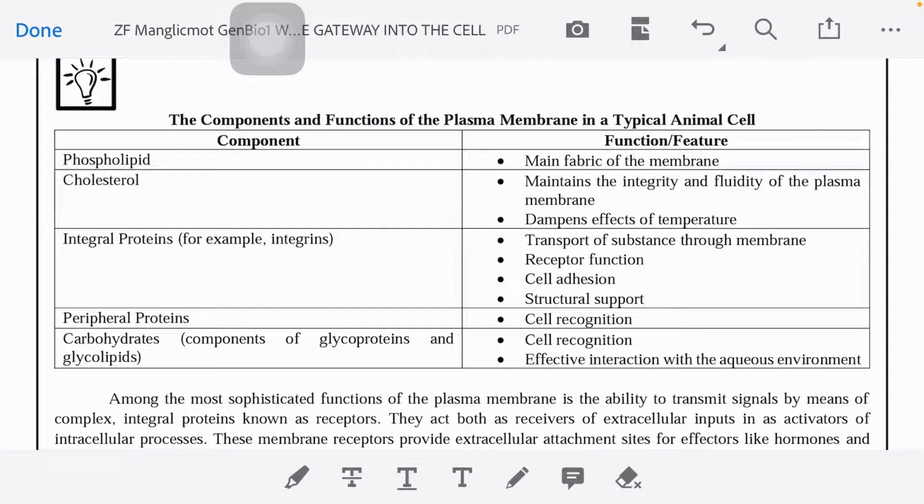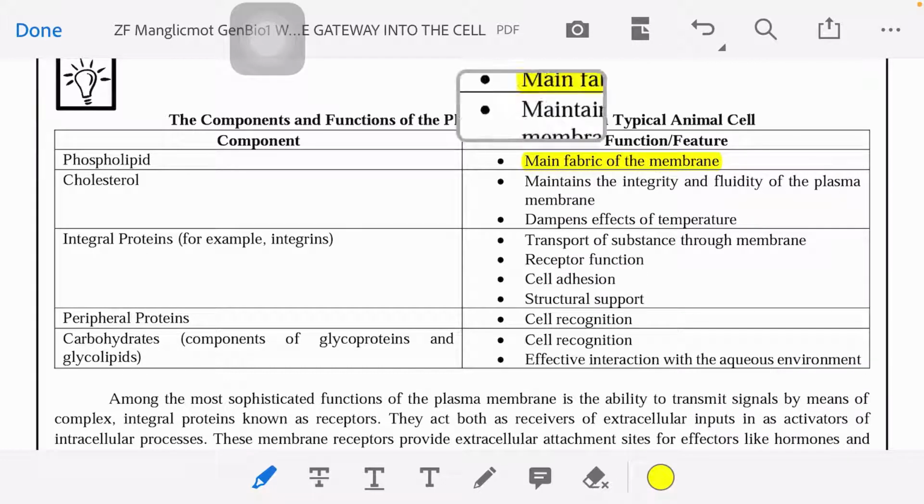So we have the component phospholipids. So what is the function or feature? Main fabric of the membrane. Okay, cholesterol maintains integrity and fluidity of the plasma membrane. Ay, meron po palang cholesterol sa plasma membrane. Yes, of course. Hindi naman pwedeng mawala yun.